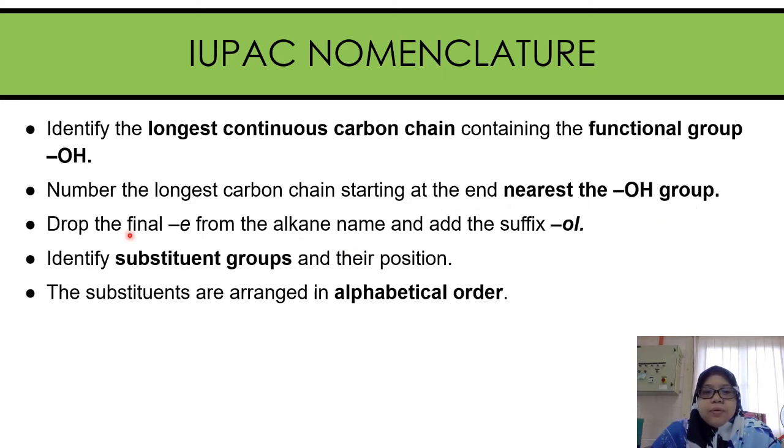To name the alcohol, we drop the final E from the name of the alkane, and then we add the suffix -ol. And then we identify the substituent groups and their positions, and the substituents are arranged in alphabetical order. Same as how we name alkane and alkene in our previous chapter.